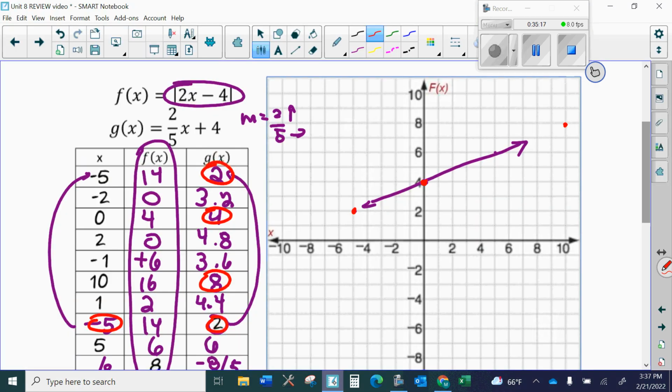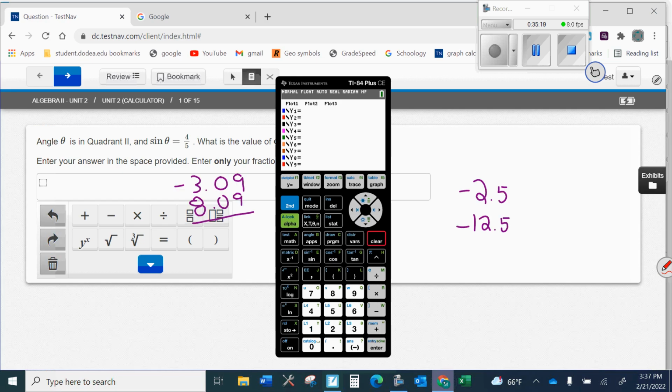And what was it? Absolute value of 2x minus 4. Get outside of it. Graph it. Okay. Let's go back to a standard window, zoom 6, and now we get a better graph of what it looks like.